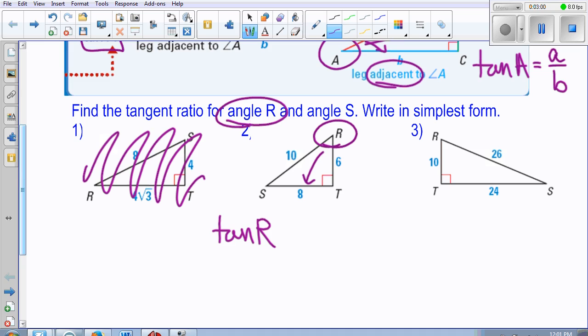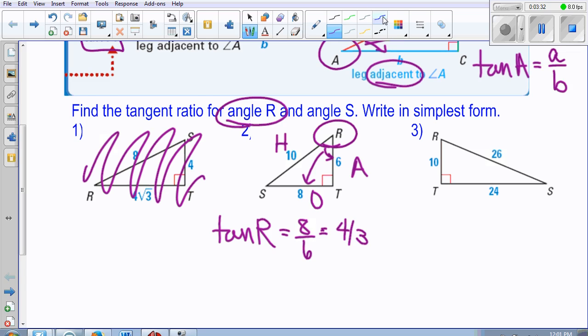The 8 is the opposite side, the 6 is the adjacent side, and the 10 would be the hypotenuse. For tangent, it's always the opposite side over the adjacent side. So in this case, the opposite side is 8, and the adjacent side is 6. So for tangent of R, we have a ratio of 8 over 6. That can be reduced, so we would say that our tangent of R is 4/3.